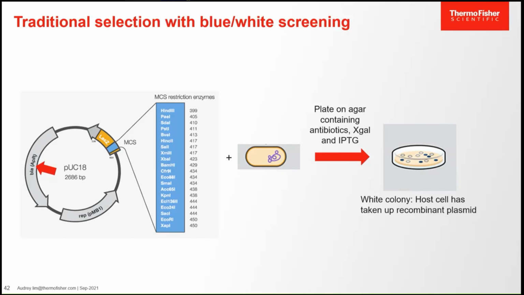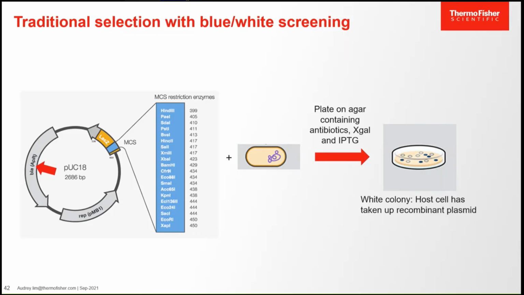So of all the cells that survive on your plate, there are 2 possibilities. One is it may contain the insert in the cloning site, or it may not contain the insert, which means the plasmid has recircularized. So how do we differentiate these 2?